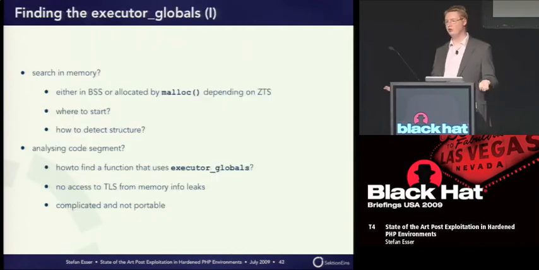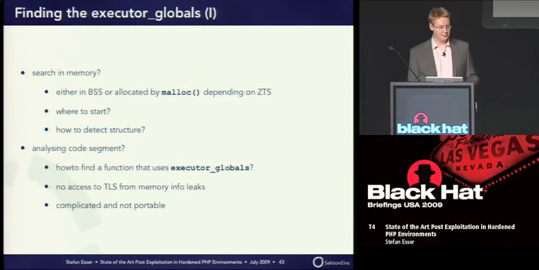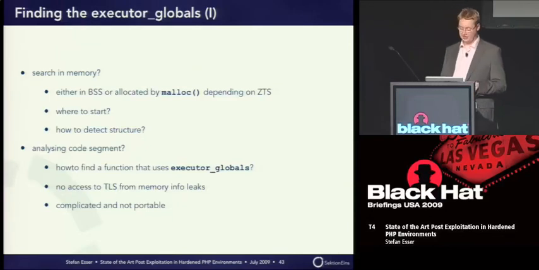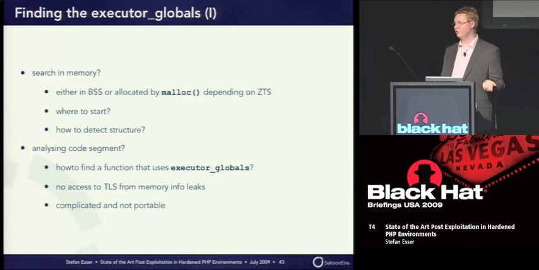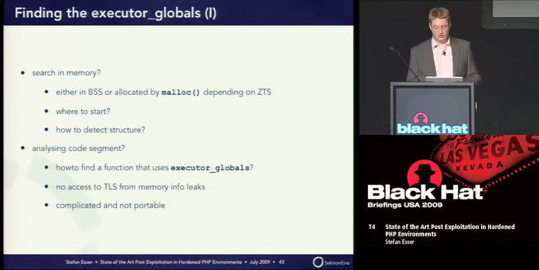So the first problem is, how do you find the structure? In the beginning I tried a lot of things. The problem is, depending on whether you have thread-safe PHP or not, it's either in the BSS segment or it's allocated on the heap for every thread. So where do you start to search in memory, and how do you detect an ever-changing structure?